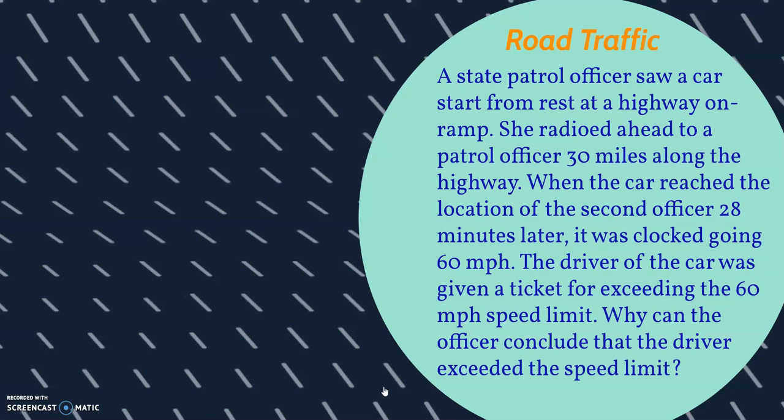At the time the driver was clocked, it was only 60 miles per hour, and we want to know why the officer would conclude that the driver exceeded the speed limit. Take note of this question. We'll solve it toward the end of this video, and if you get a minute, solve it, and then we'll compare our results at the end.